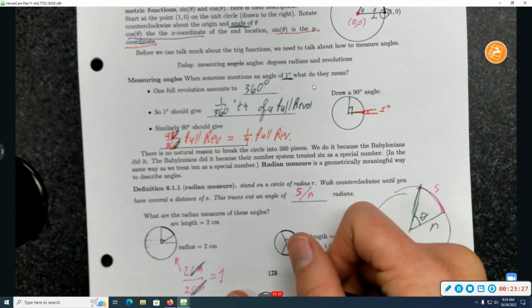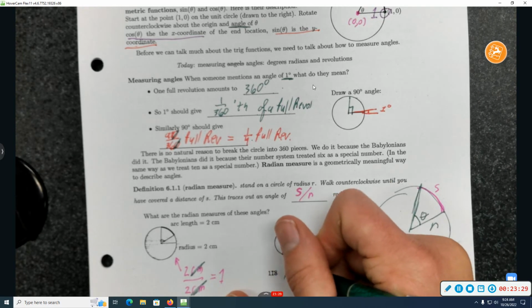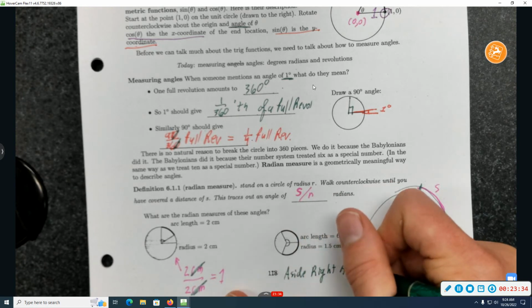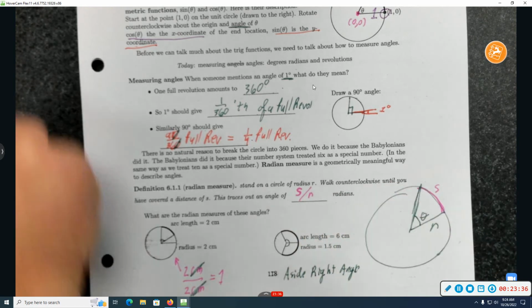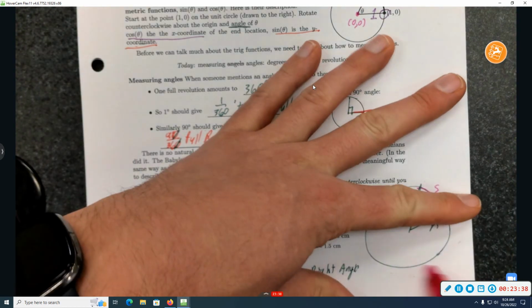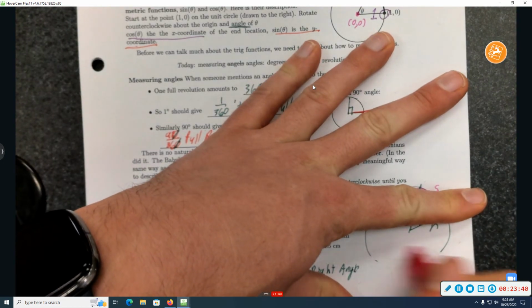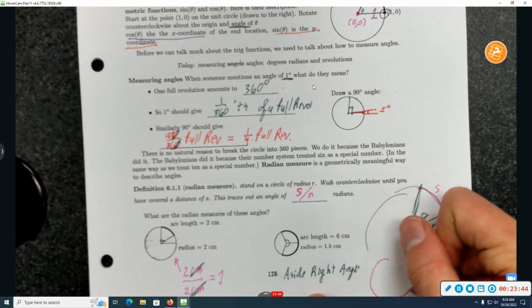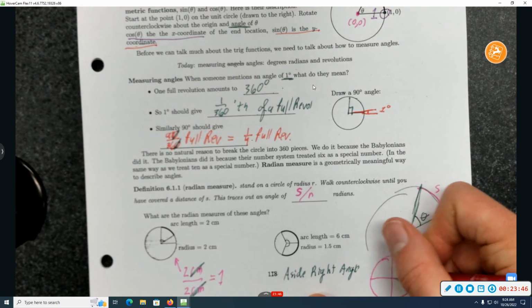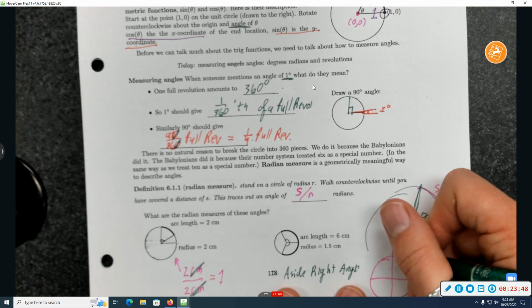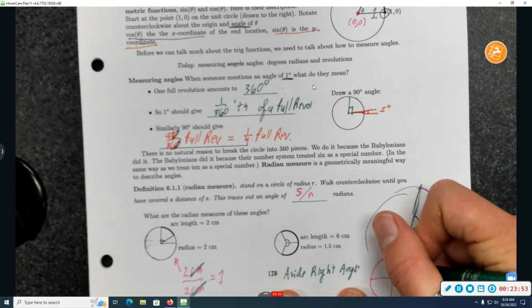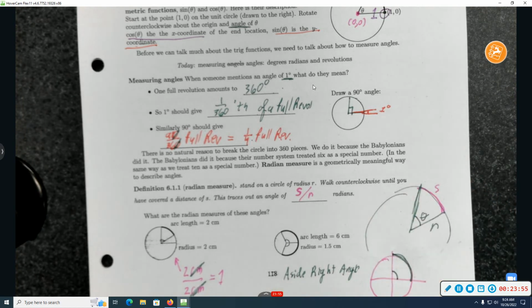So, aside, right angle. There's a circle, there's a right angle, and I'd like to know that angle measurement.